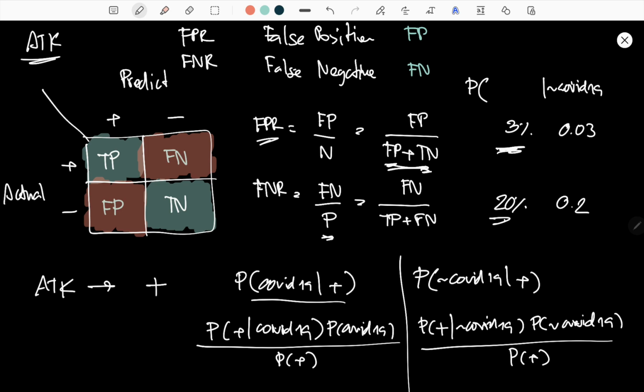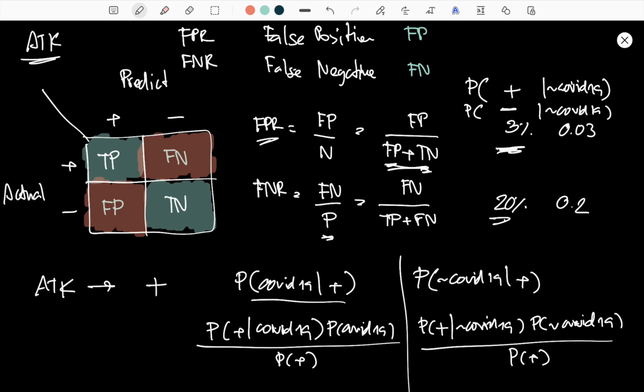This is the probability of not COVID-19, and the result is positive, right? So in the case that it is not COVID-19, it will give the result to be negative.